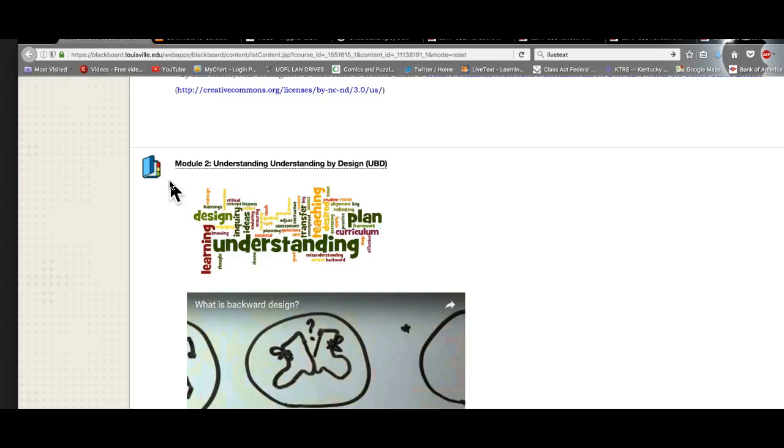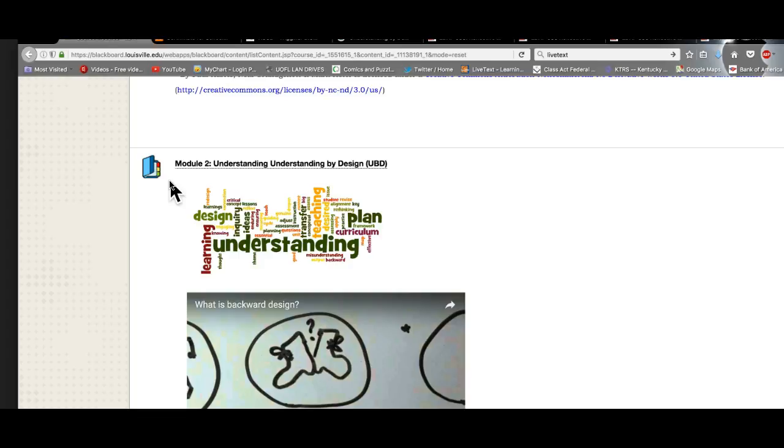Let's review real fast. Understanding by design is very simple. You can't start a journey unless you know where you're going. And when you do that, everything then falls into place. But also remember something that Grant says: the textbook is not the course, that it is a resource for the course.